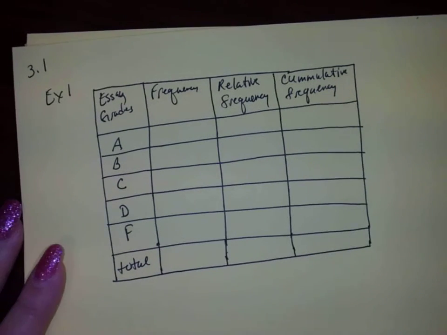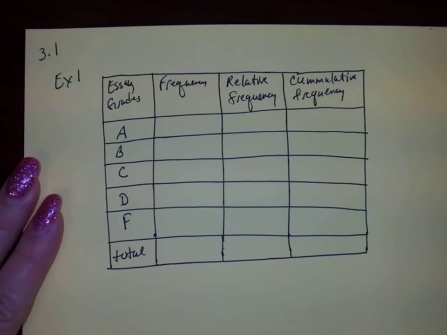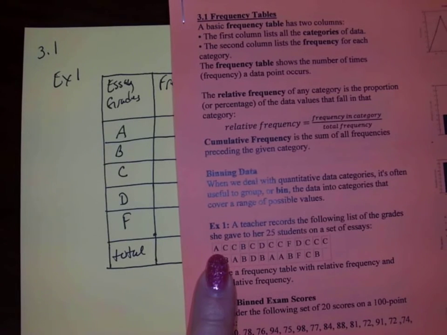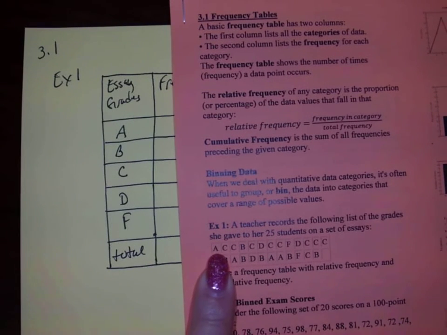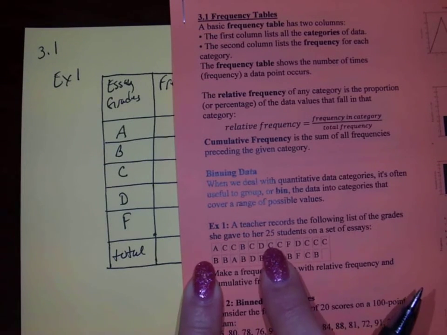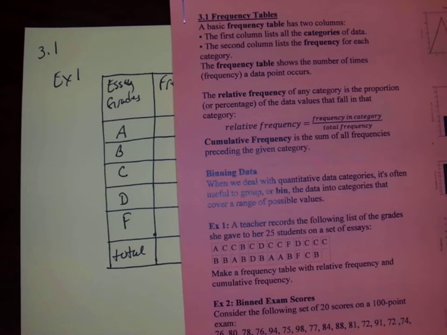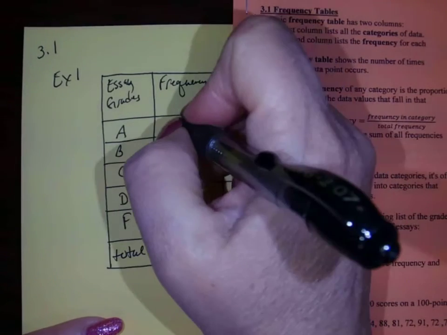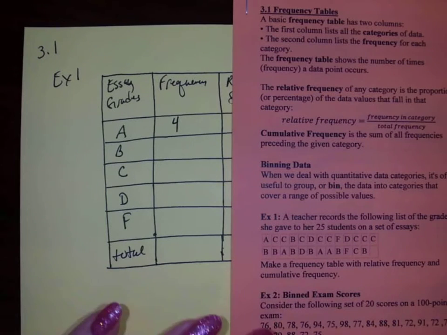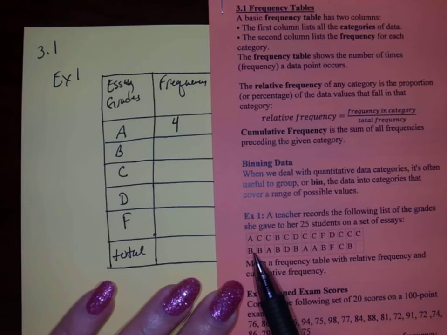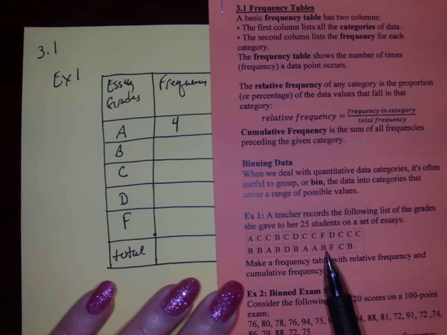All right, so we've got our chart here, we've got to figure out how many A's we have. I'm going to go back to my data, and I have 1 A, 2 A's, 3 A's, 4 A's. So there are 4 goes in here. On our B's, I have 1, 2, 3, 4, 5, 6, 7.